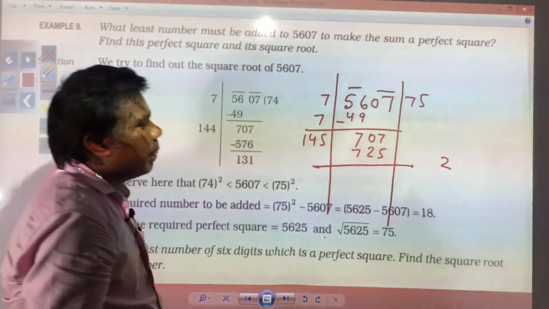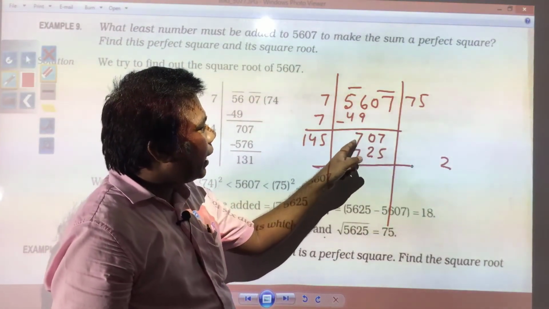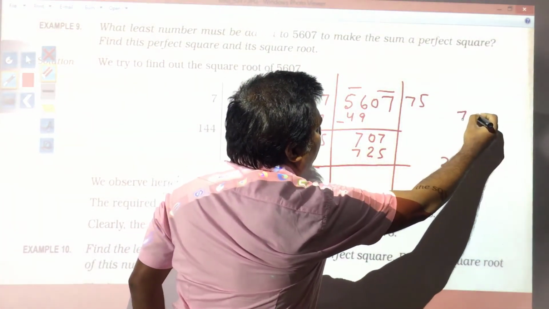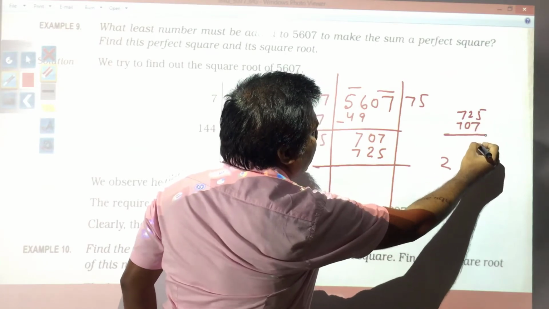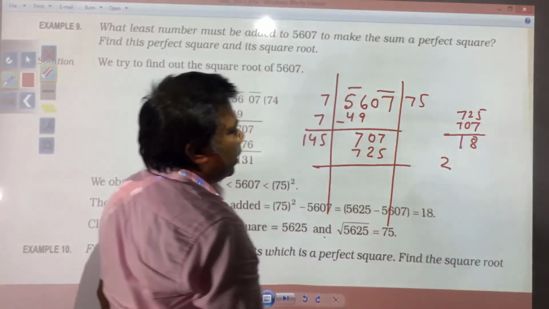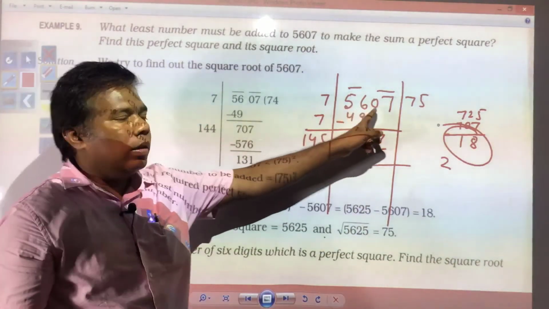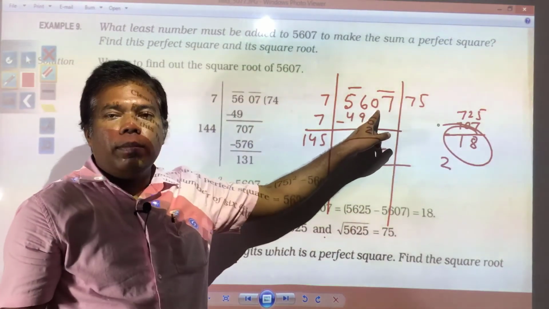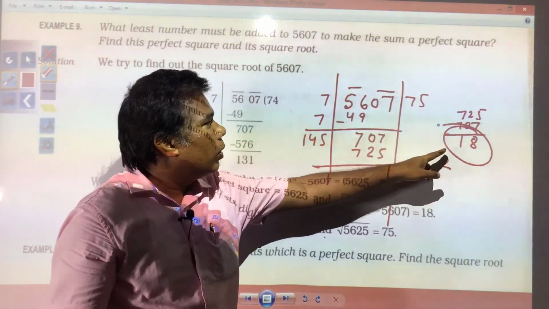Now, if this number would be there, suppose you subtract 707 from 725, 725 minus 707: 15 minus 7 is equal to 8, and here you will get 18. It means if this 18 would be added to this number, it will become a perfect square. Just you see how it happens.